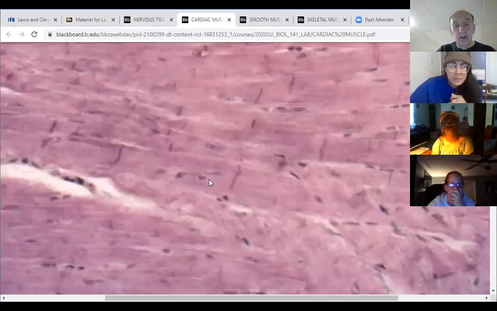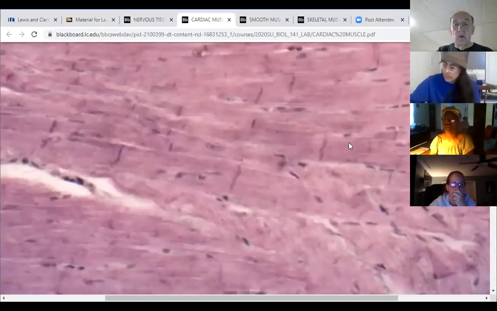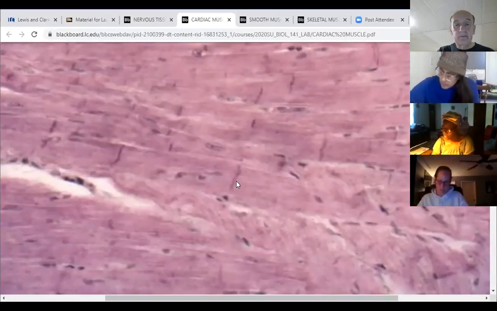Look at this rectangle. Here's the second one, but the rest of it is obscured. Here's another muscle cell. Here's the beginning, and the muscle cell goes here, branches out this way. At the end of muscle cells, we see these dark stick-shaped lines. These are the intercalated discs.